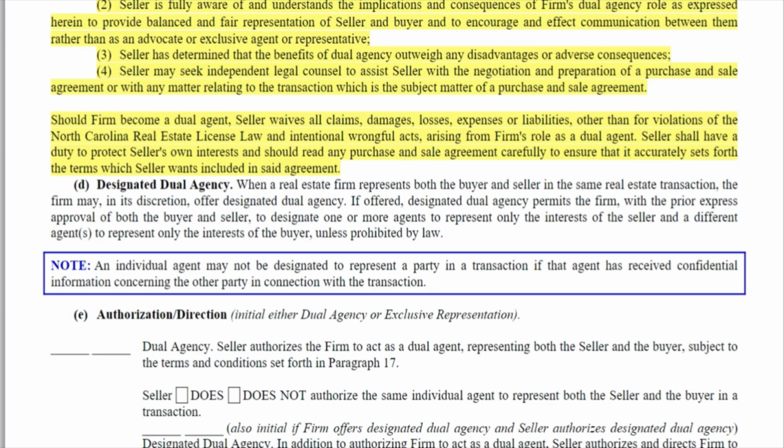In this situation, you are waiving all claims and damages, losses, expenses, or liabilities, and other violations of the North Carolina Real Estate Commission. You can't hold us responsible for anything other than things that we do that would be a violation with the North Carolina Real Estate Commission, any type of wrongful acts arising from the firm's role as a dual agent.